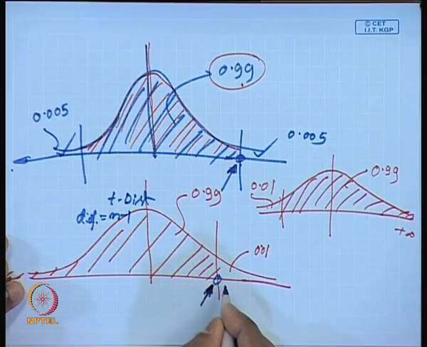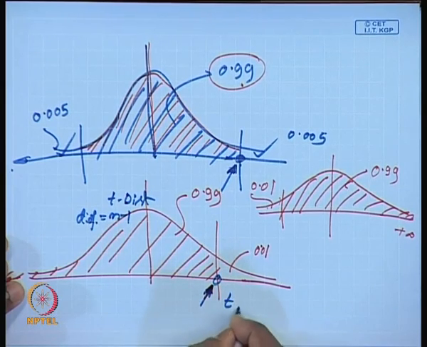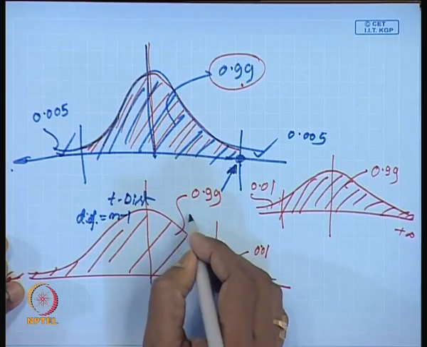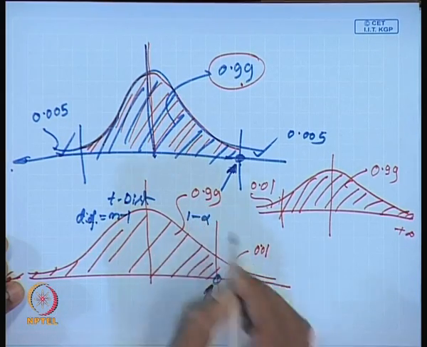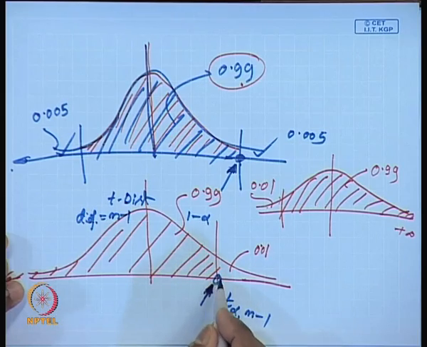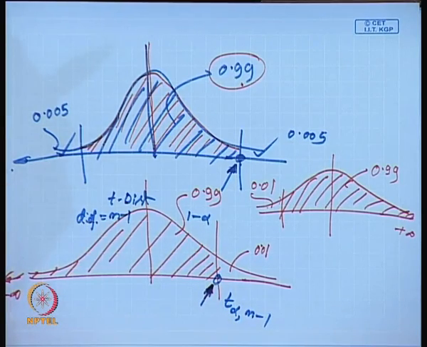The area to the left is 1 minus alpha, here 0.99. So this is the value we are interested in, which is deducted from the mean for the lower limit and added to the mean for the upper limit.